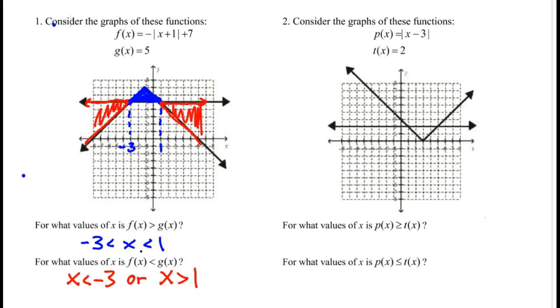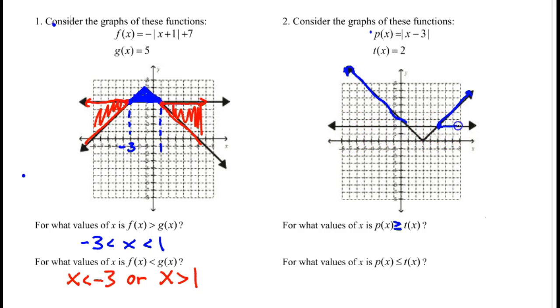Okay, and it's similar but different for number 2. So let's look at that. On this one, again, p of x is the absolute value, and it's asking, when is it greater than t of x, which is the horizontal line? So when is the graph here above the horizontal line? That's all of this part right here. All of this is above this horizontal line.